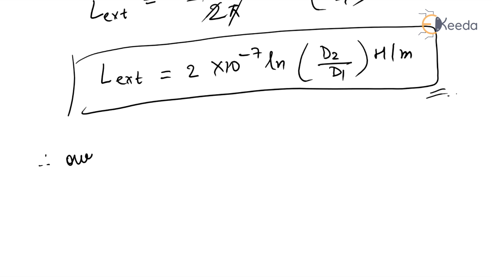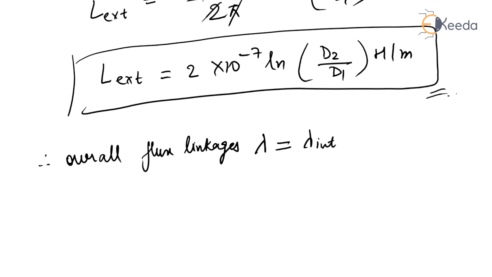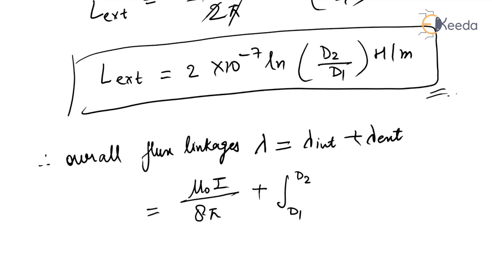Or we can calculate the overall flux linkages. Therefore, the overall flux linkage lambda is equal to lambda internal plus lambda external. So this is equal to lambda internal, which is mu naught I upon 8 pi, plus the integral from D1 to D2 of mu naught I upon 2 pi x into dx.